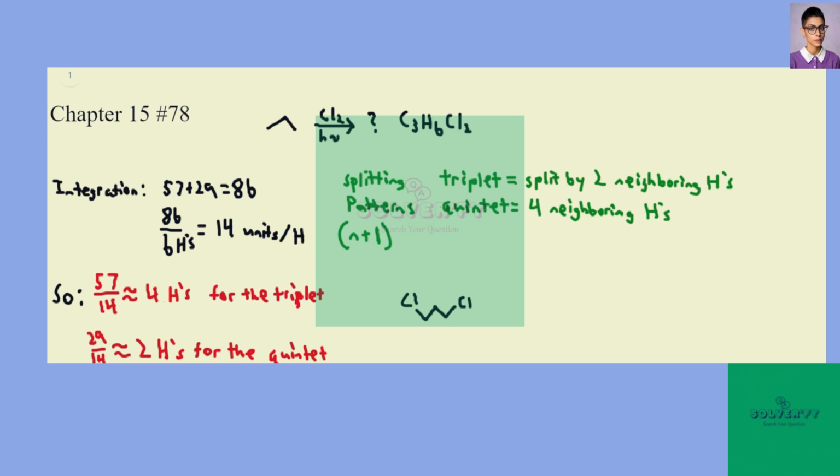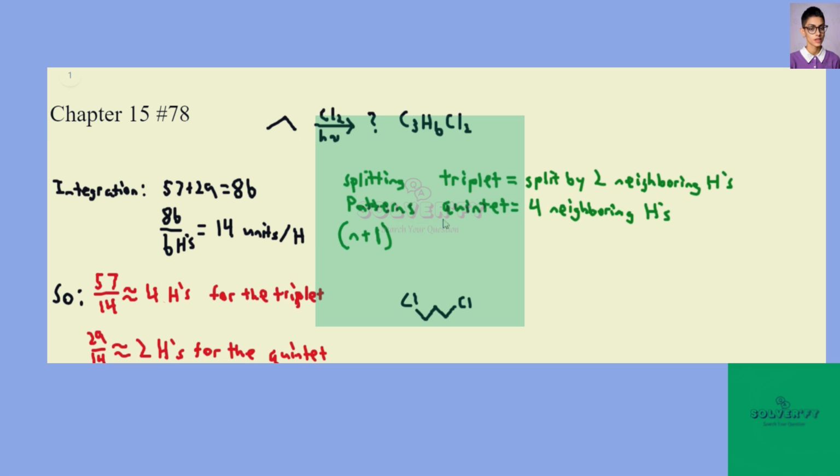So for example, we look at our triplet and we can say there are 3 signals in this triplet, and so it has 2 neighbors. 2 would be n, 2 plus 1 is 3, and it's a triplet. So it's split by 2 neighboring protons. Similarly, we can say that the quintet is split by 4 neighboring protons.